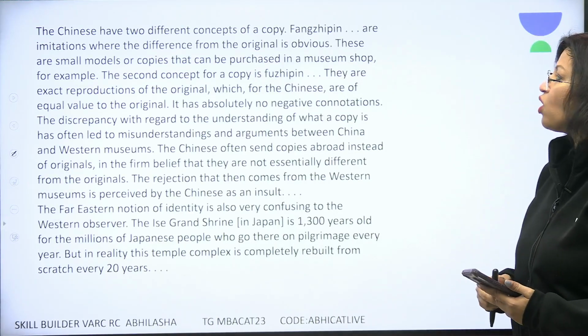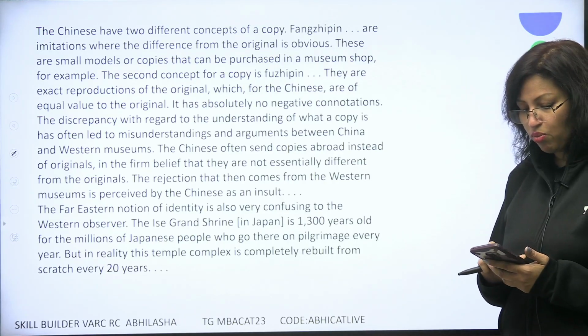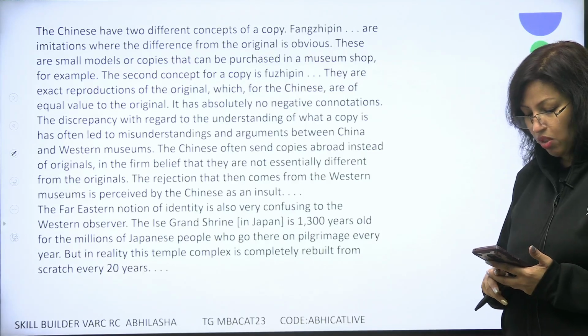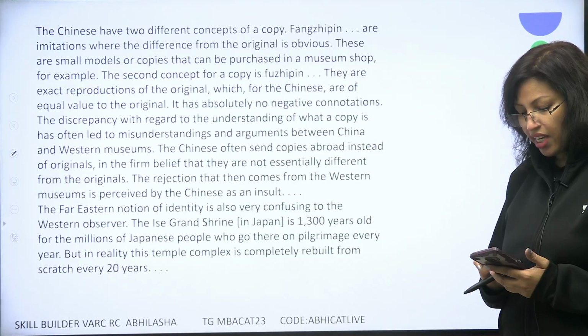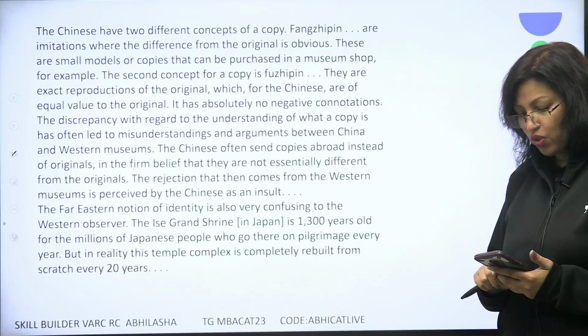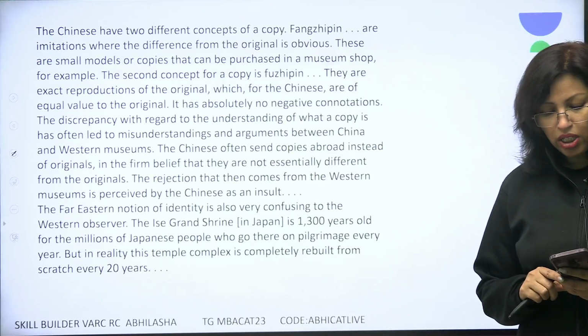Chinese have two different concepts of a copy. Fangzipan are imitations where the difference from the original is obvious. These are small models or copies that can be purchased in a museum shop, for example. The second concept for a copy is Fuzipin. They are exact reproductions of the original, which for the Chinese are of equal value to the original. It has absolutely no negative connotations.